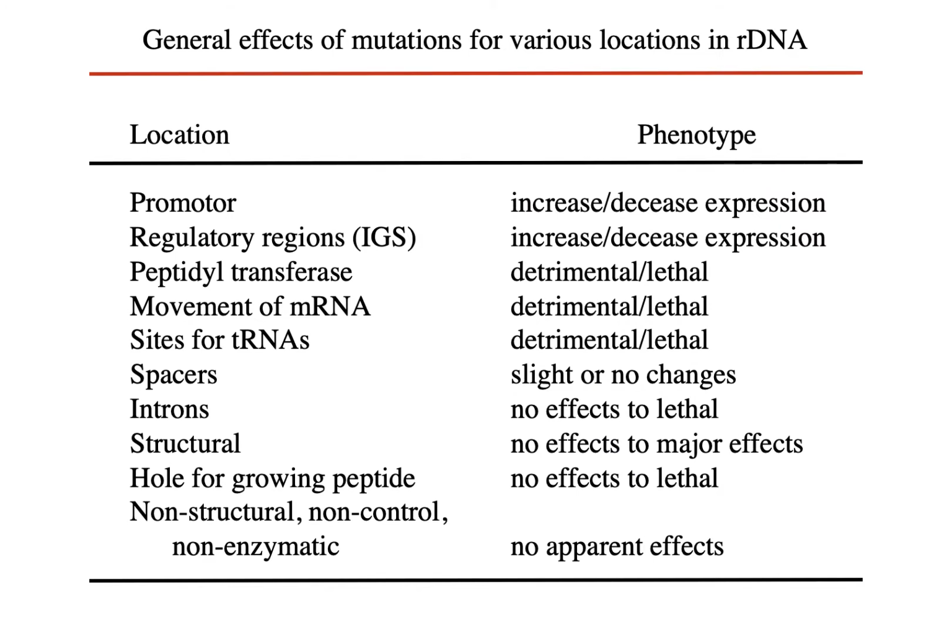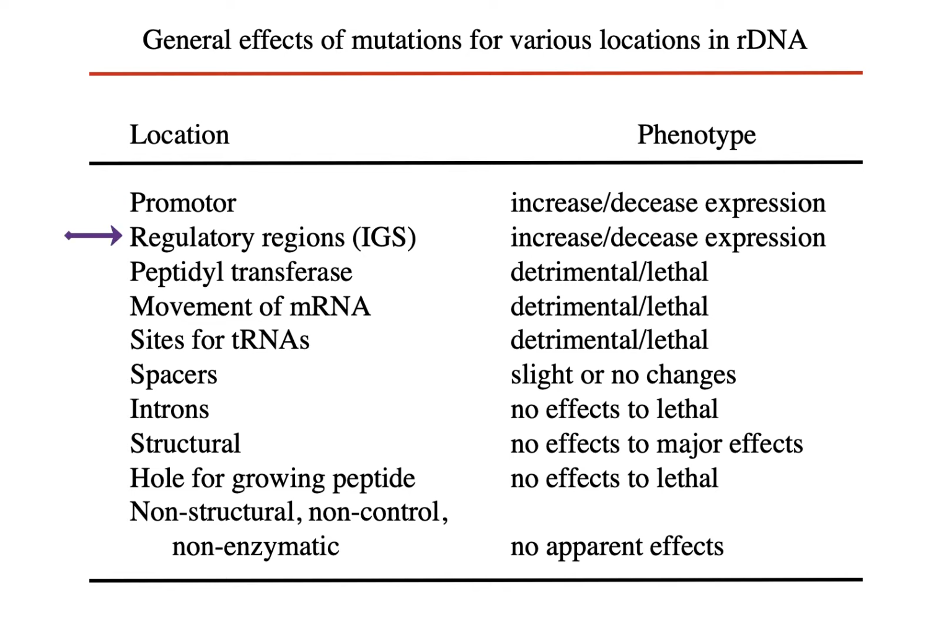So if you look at the effects of mutations for various regions in the ribosomal DNA and the ribosomal RNA genes, if you have a mutation in the promoter region, you can increase or decrease expression, which can have a negative effect on production of ribosomes and a negative effect on the cells.